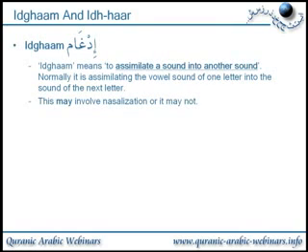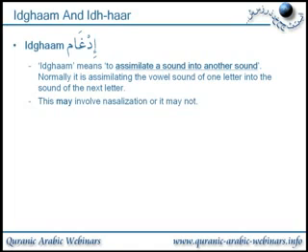So the first one we're going to cover is idgham. Idgham means to assimilate a sound into another sound. Normally it is assimilating the vowel sound of one letter into the sound of the next letter, i.e. combining the sound of a letter into the next letter. This may involve nasalization or it may not.